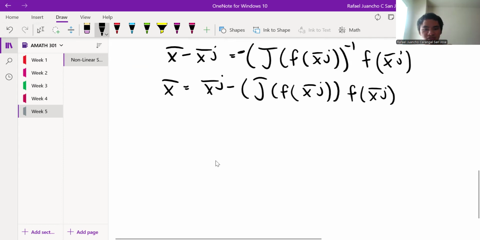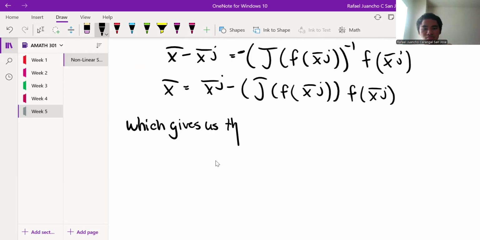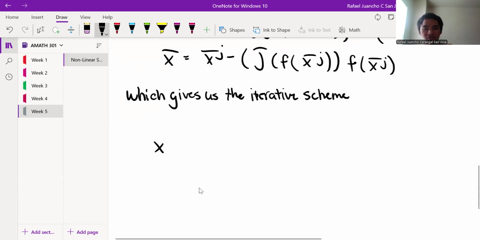And then that will give us the iterative scheme. So here we say this is the next point, j plus 1, and then this is our j.